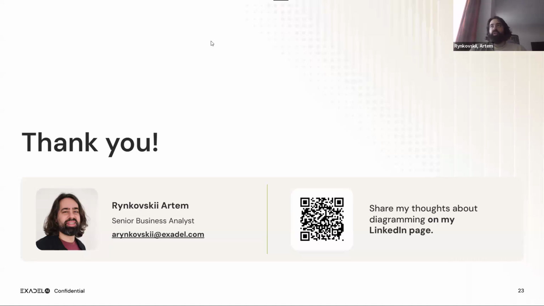For example, when I work with UML use cases, I think there is a lot of stuff out of the box which just makes the diagram worse and less informative.